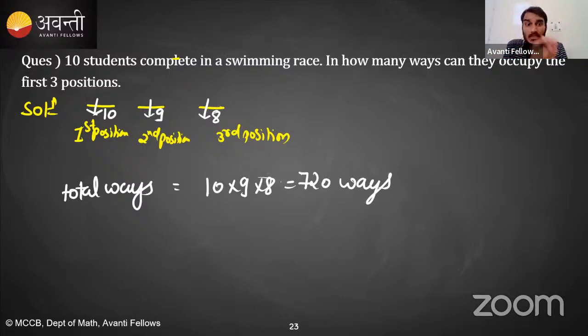Now corresponding to each of the first positions, the second position can be filled in 9 ways. And corresponding to each of these, the third position is left with 8 choices. So if I have to fill all 3 positions, first and second and third, that's why we are doing the multiplication here. Very good, Harish.